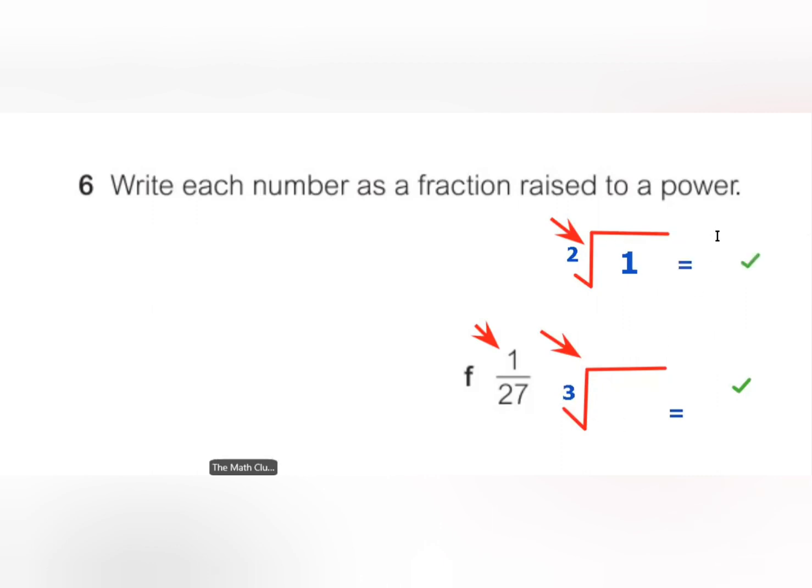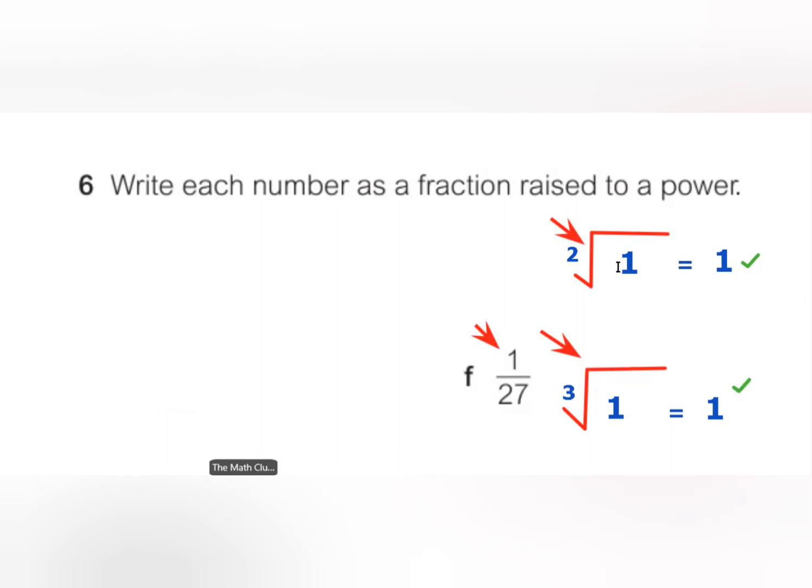And once you put 1 here, even this one, the answer is 1. So this one works with square roots and cube roots. How do you decide which one you're going to choose? Depending on the denominator. The denominator here is 27.